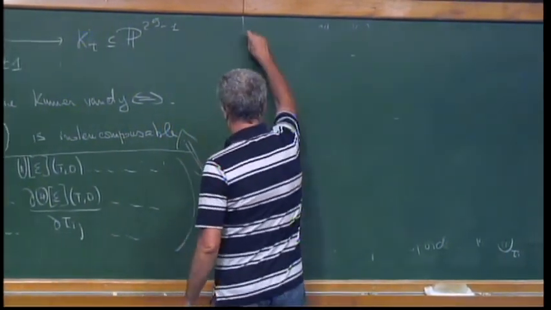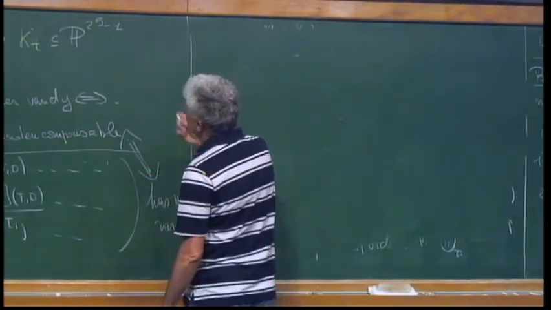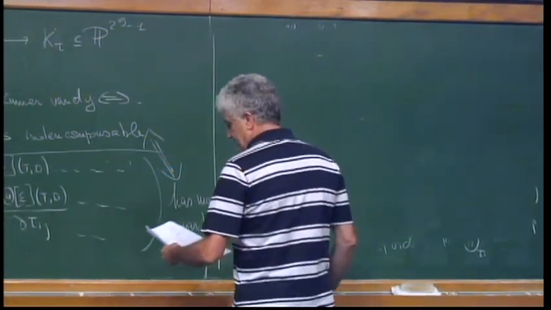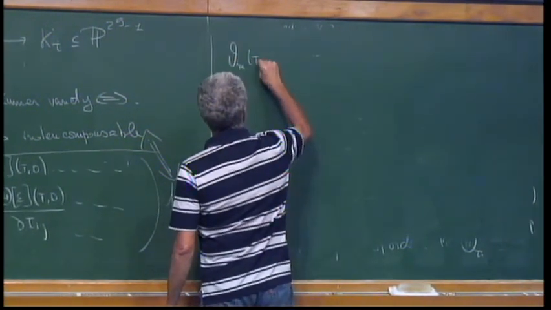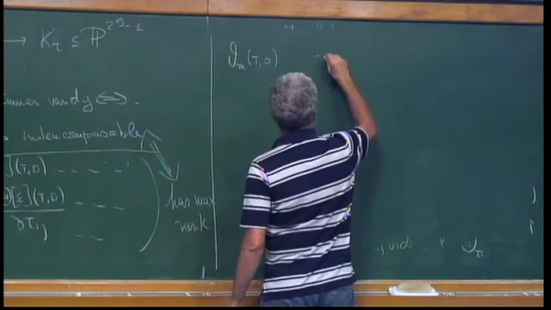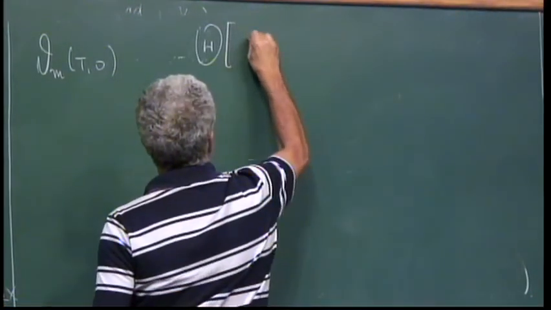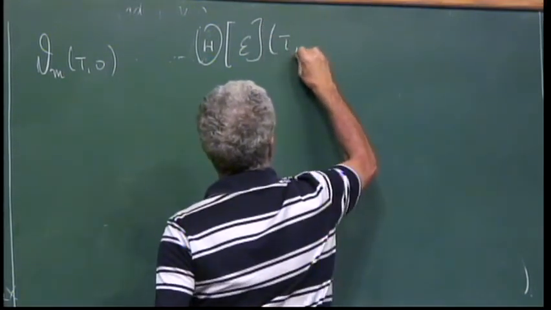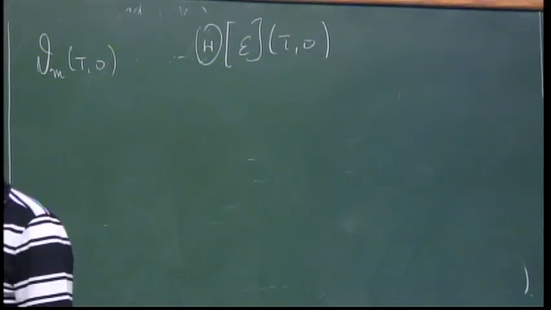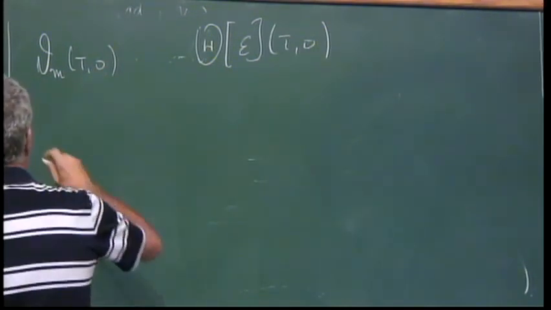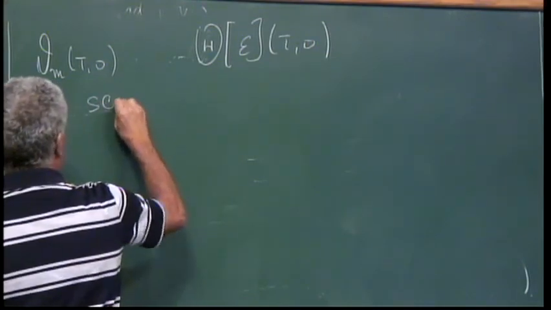Okay, now. Just because we want to talk about modular varieties and so on, I have to just tell you that theta m tau 0 and theta epsilon tau 0, and from now on, in this case, I will omit the 0, are modular forms, scalar valued.